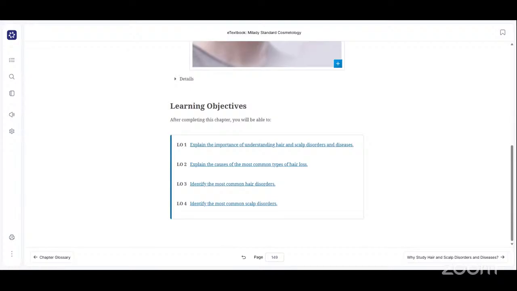All right. So as we look here, our learning objectives for this particular chapter, again, it may be intensive because as you continuously learn about the hair and scalp, you're going to talk about that forever now. But we have to explain the importance of understanding hair and scalp disorders and diseases.